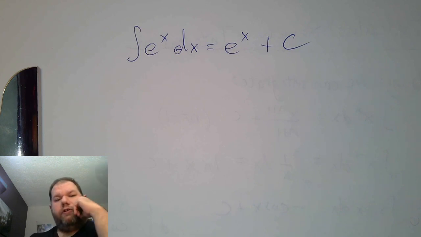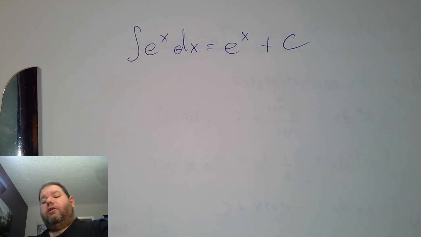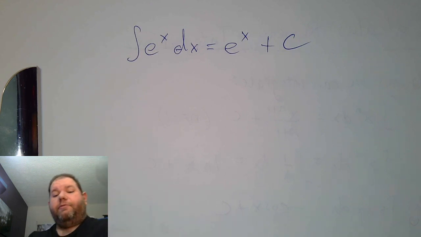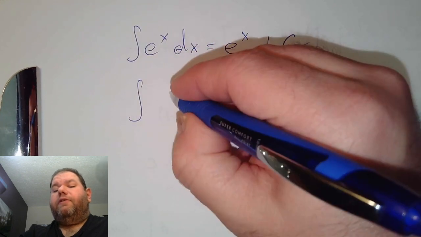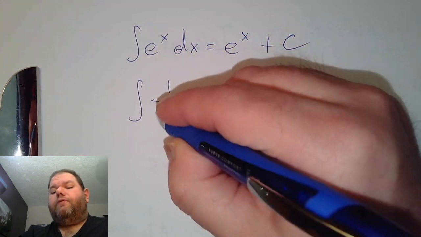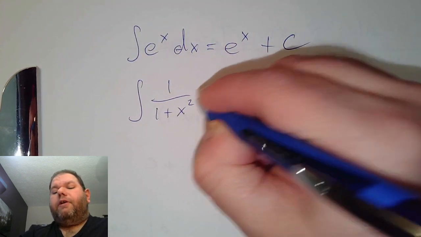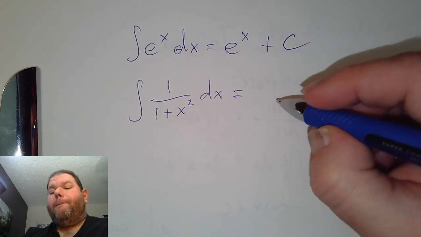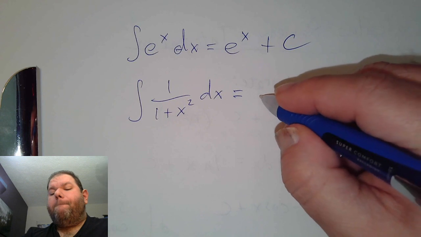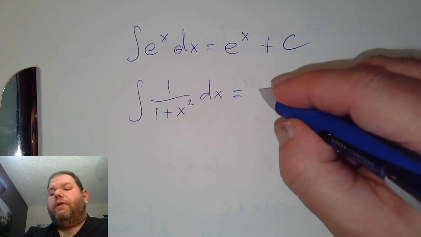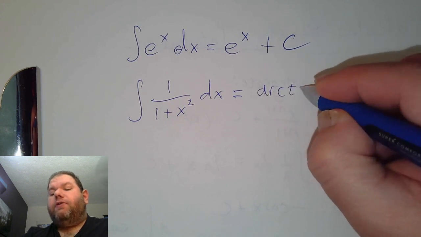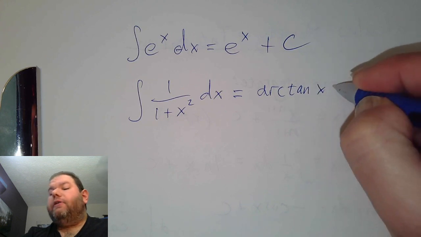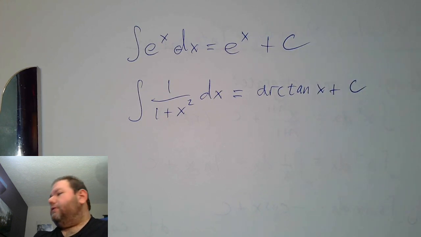Now, there's a few other special integrals that we may or may not remember. For instance, the integral of 1 over 1 plus x squared dx is arctangent x plus c.